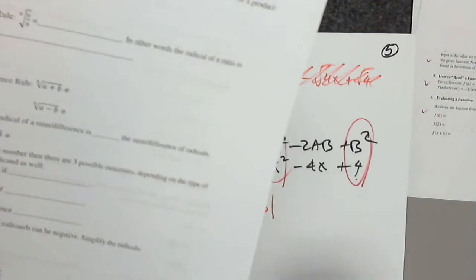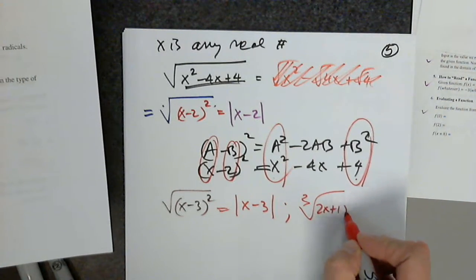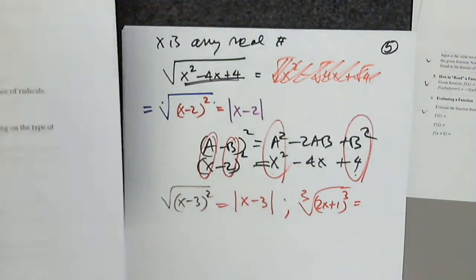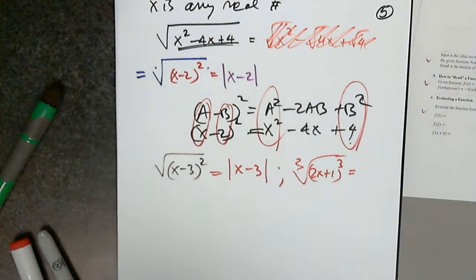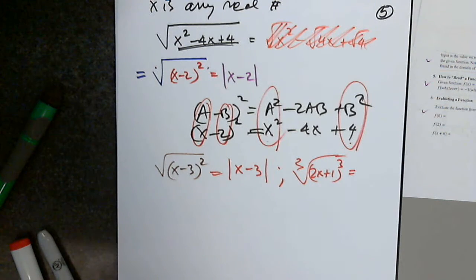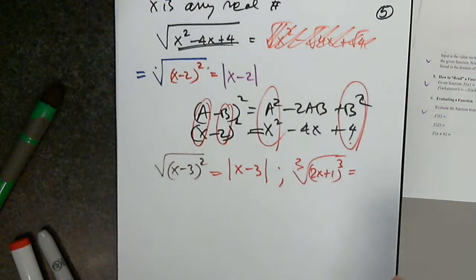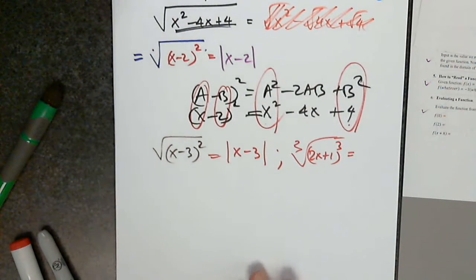Okay, the cube root of 2x plus 1 cubed. What is the answer?